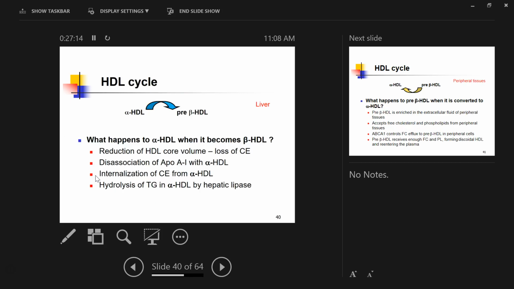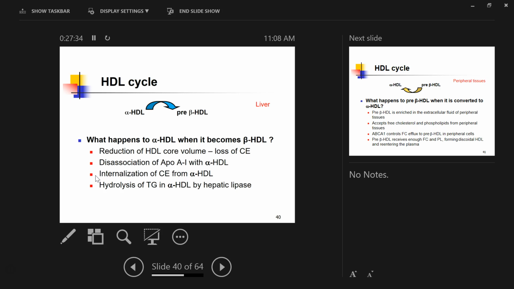Okay, so just some more details. The HDL cycle is basically a conversion between alpha HDL and beta HDL. These two types of HDL have different compositions, particularly of core lipids.